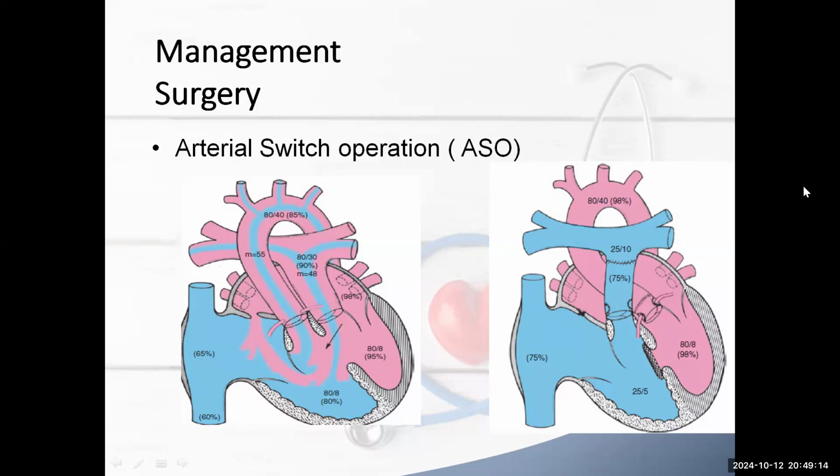In patients with TGA, the LV contracts against the pulmonary artery, which has pulmonary vascular resistance, a small pressure, and the RV contracts against the aorta, which is high pressure systemic vascular resistance. But in the first 4 to 6 weeks, the pulmonary vascular resistance is still high. It is the pressure of the fetal circulation, which is high.